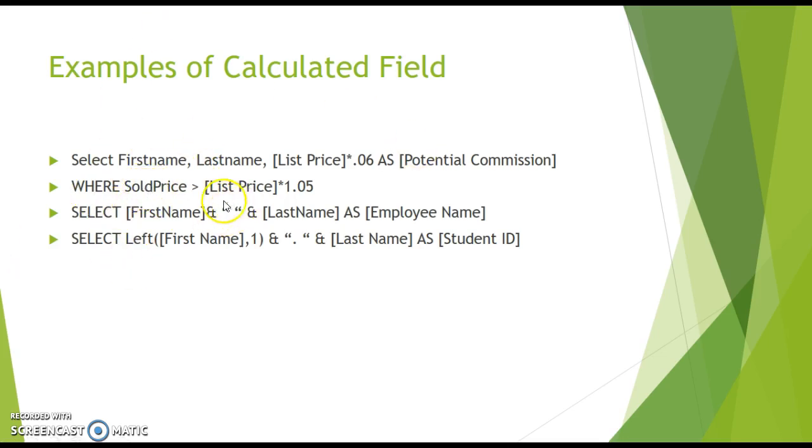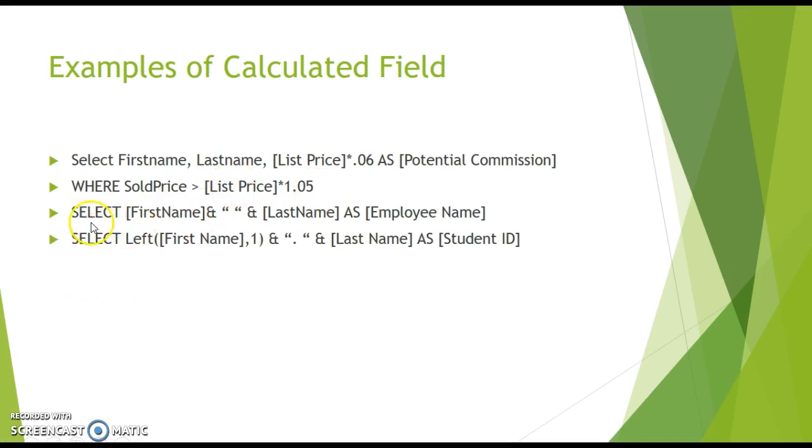Or you can use the calculation on your where when you're creating constraints. So in this example, it shows you where sold price is greater than the list price times 1.05. So this would list all the records where any value in sold price is 1.05 more than list price.